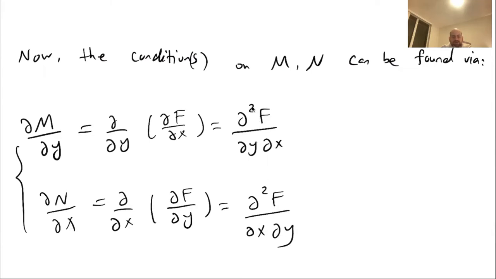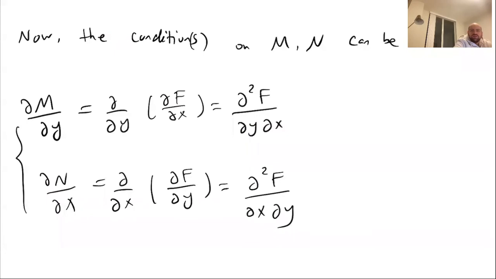Now, what is the relation between these two derivatives? Both of them are the mixed second partial derivative of f. These two quantities are equal if the second mixed derivatives are continuous.